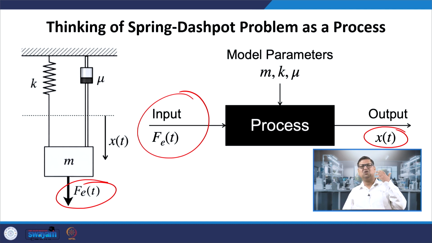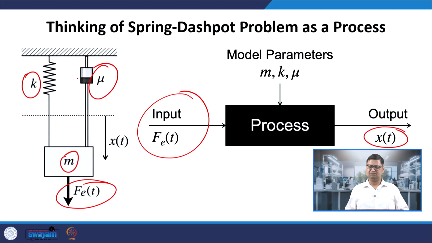Even if we do not know any physics of this system, whatever function we are going to obtain relating the displacement with the external force must be depending on the mass of the block, that is a variable in the system, the stiffness and the viscosity, mass, stiffness and the viscosity m, k, mu, at least should be the three model parameters that should affect the system, and my models should basically account for at least these.